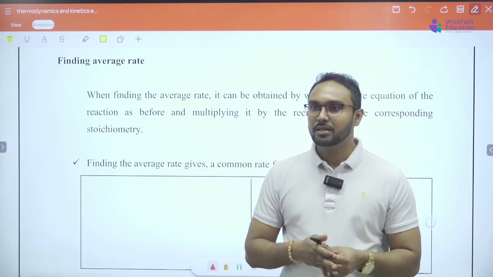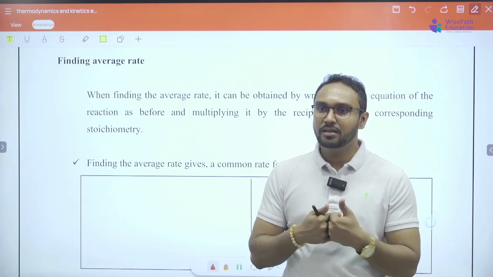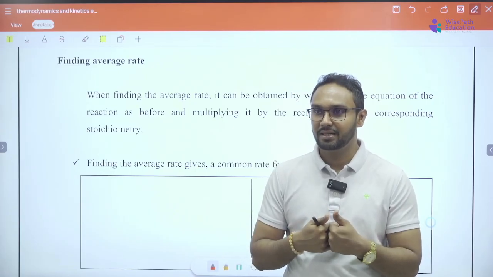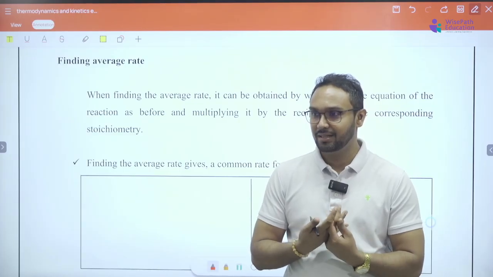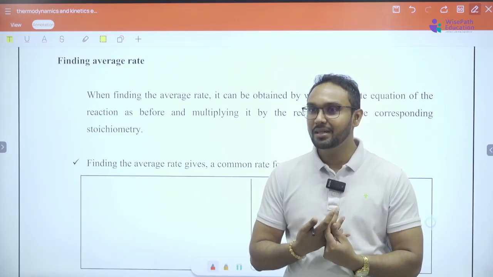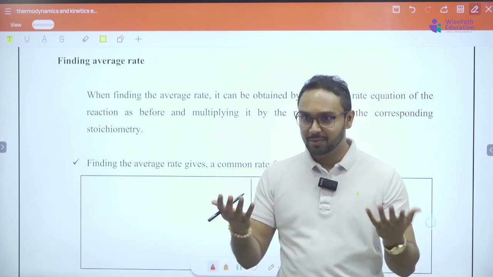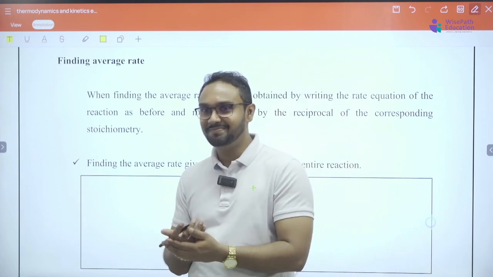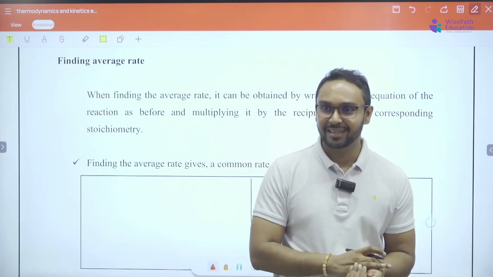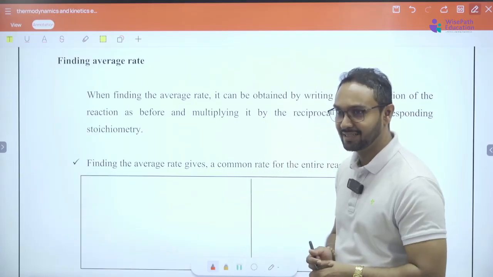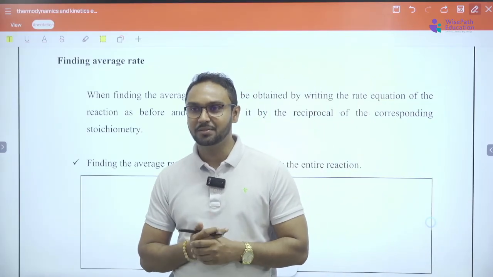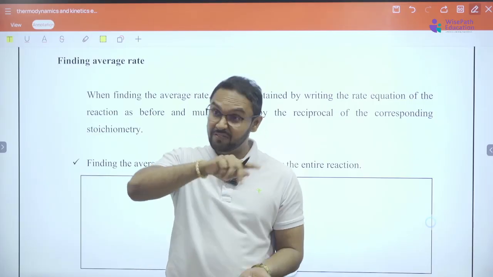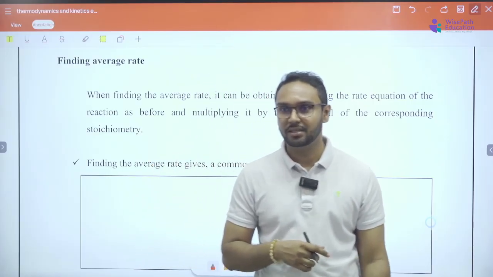So how do we get rid of it? We remove that factor. Can you remove the stoichiometry? No, it's there in the reaction. That is the ratio in which it reacts and the products are produced. So how do you remove the effect of stoichiometry? That is the important thing.